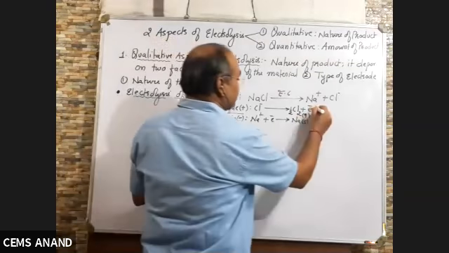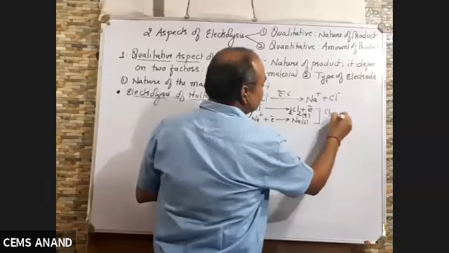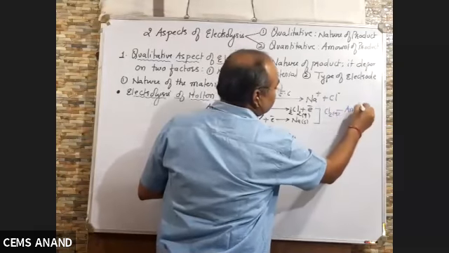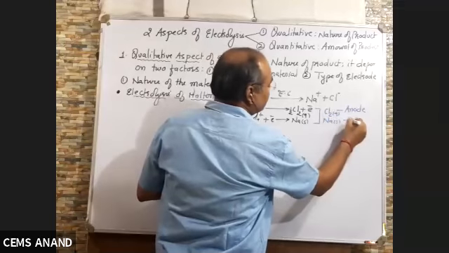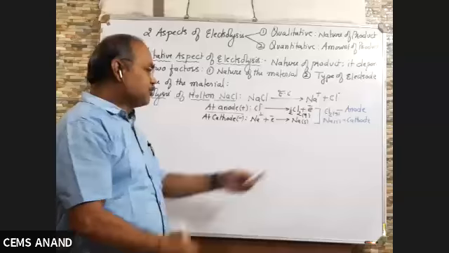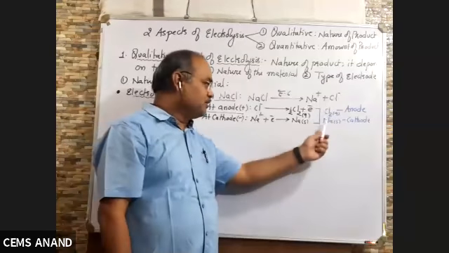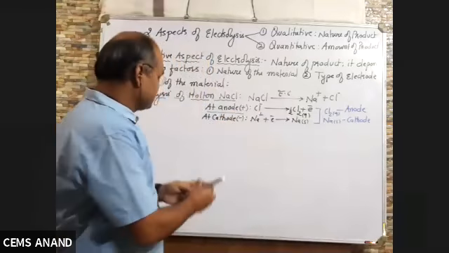Cl2 gas at anode and sodium metal at cathode. See, the product obtained is chlorine gas at anode and sodium solid at cathode by electrolysis of molten NaCl.